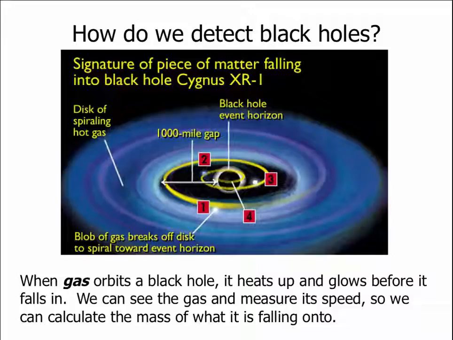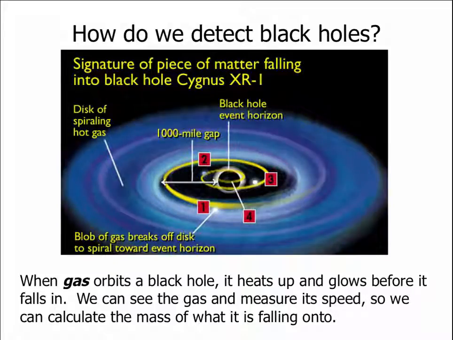In this disk, the gas particles are bumping into each other, and so they heat up as they fall in. And as we've already learned, and we've talked about many times, as stuff heats up, it begins to glow. And the hotter it is, the shorter the wavelength at which it's glowing. And so as this gas falls in, it will get hotter and hotter and hotter, and glow at shorter and shorter wavelengths.